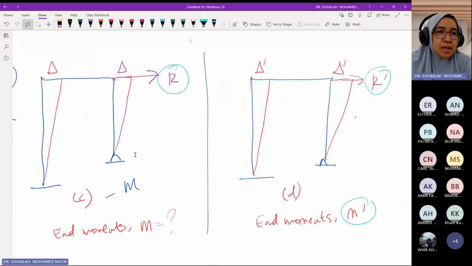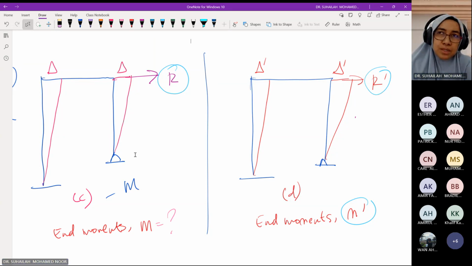We call it diagram D. C dengan D ni exactly sama, except semua label pada D we put prime. So R become R prime, delta become delta prime, M become M prime. Okay, exactly same.